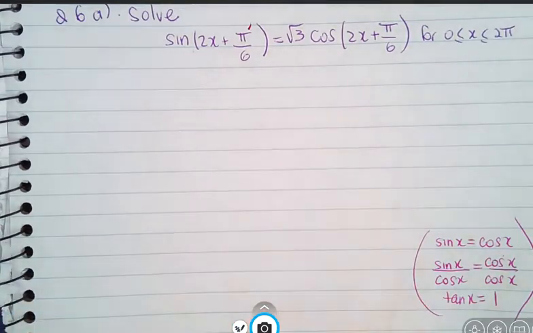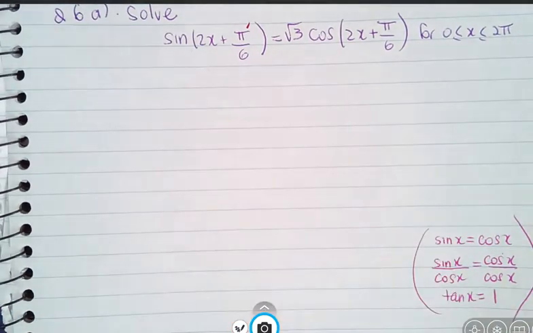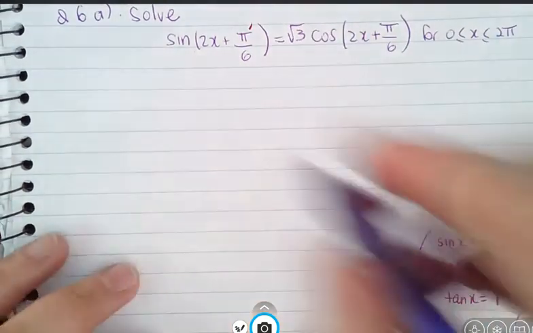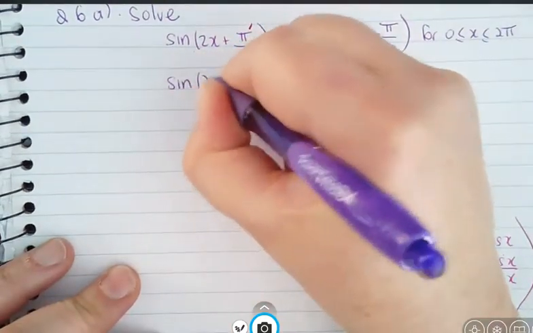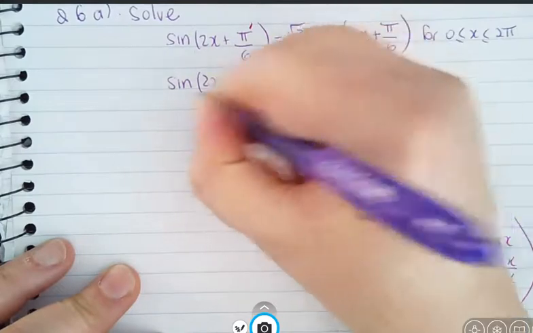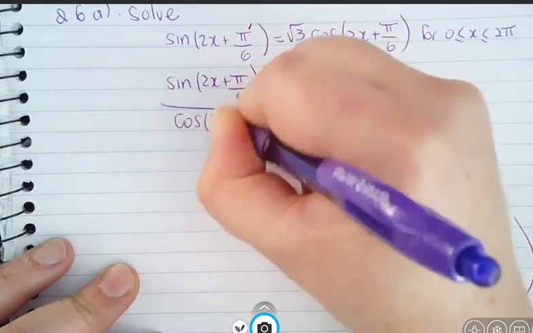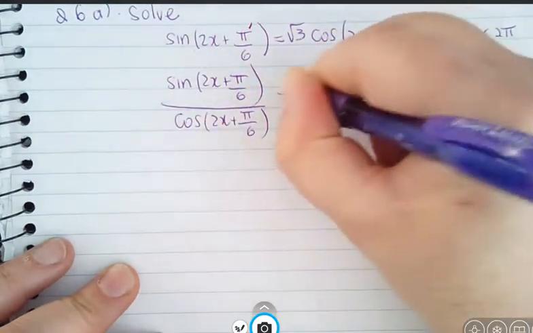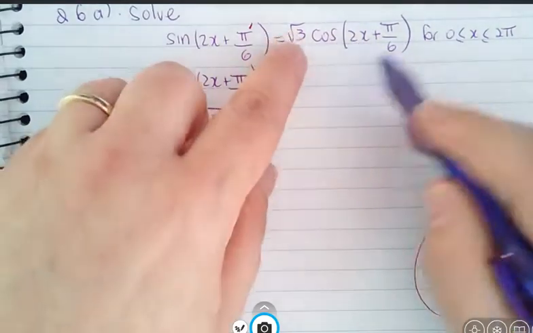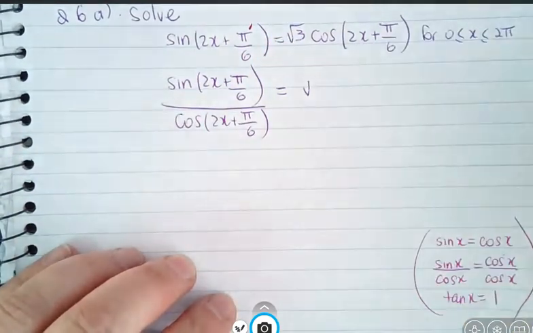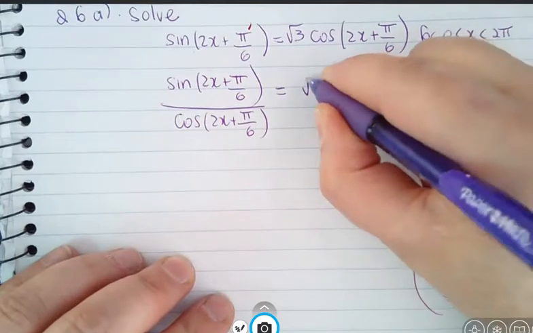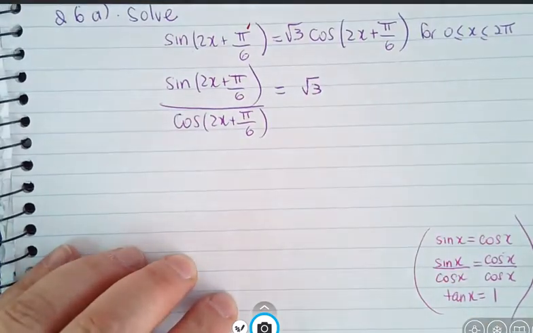So what we want to do is divide both sides by cos of that. I've got sine of 2x plus pi on 6 over cos of that. If I'm dividing both sides by cos of that, what do I end up with on this side? Just root 3. Are you okay with that?